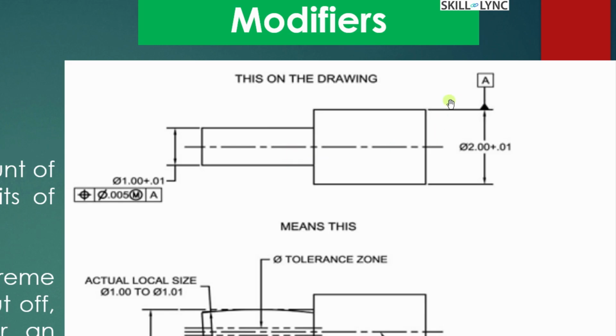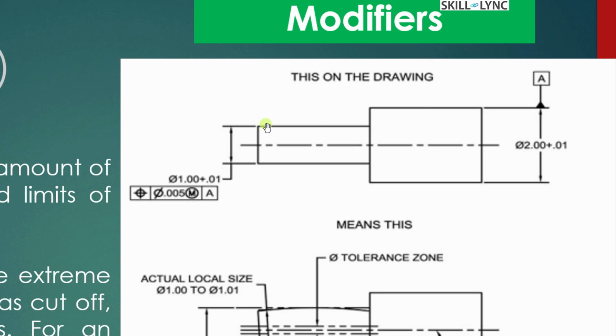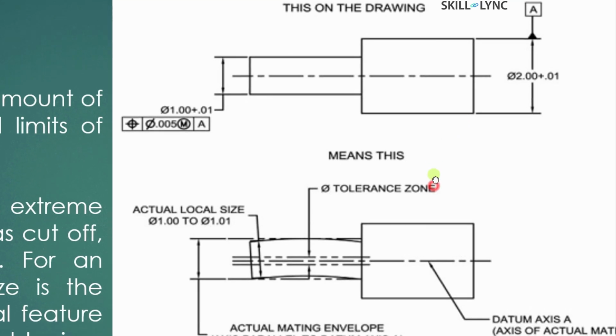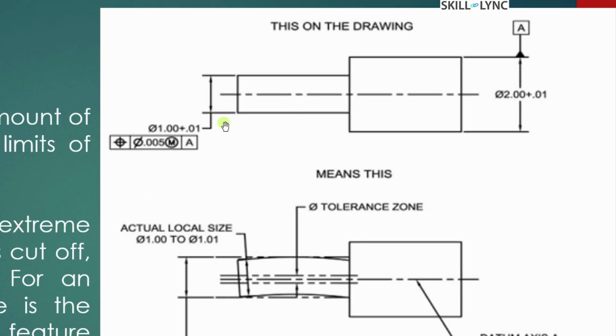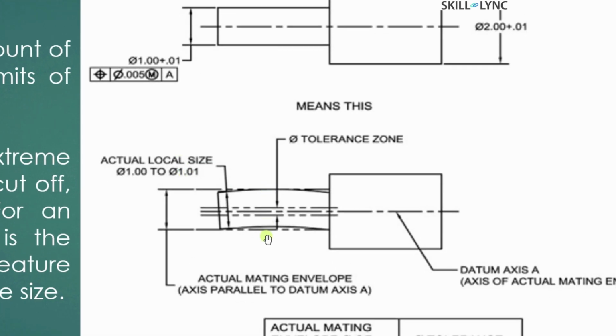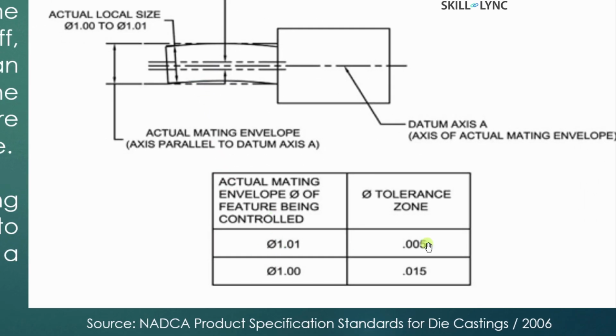So here we have a datum reference of A that is controlling this external feature a maximum of 2.01, and here this surface is of 1 to 1.01, and position tolerance is controlled using a maximum material condition and with reference to the surface A. So it means that with the actual size of 1 to 1.01, the maximum variations that it can go is this.